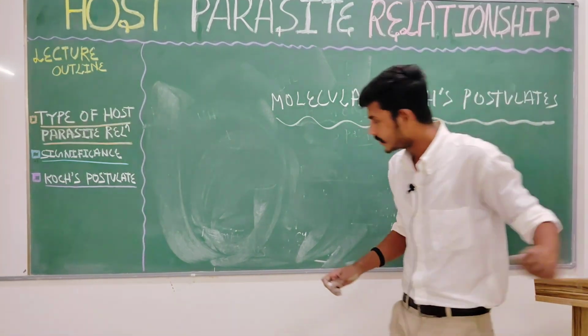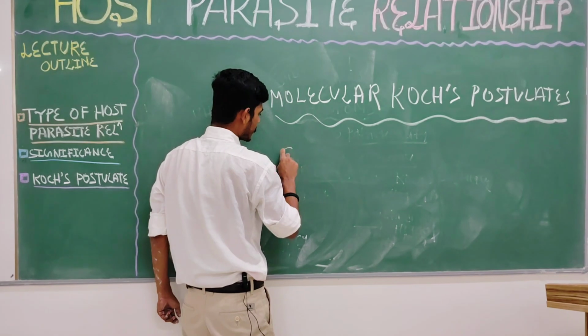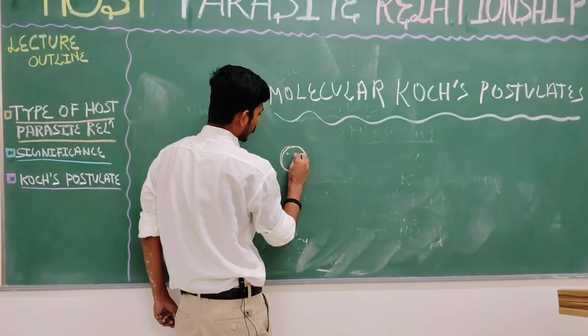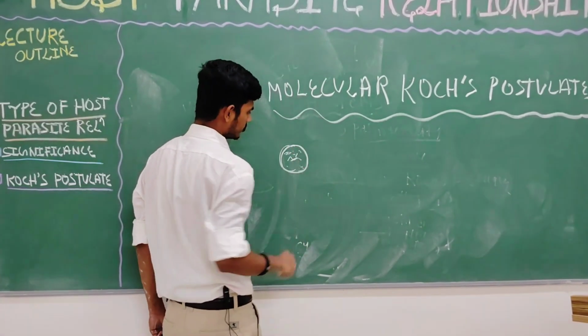Now, understand the mechanism. Suppose this is one organism, and you know that the organism has genetic material and other structures.